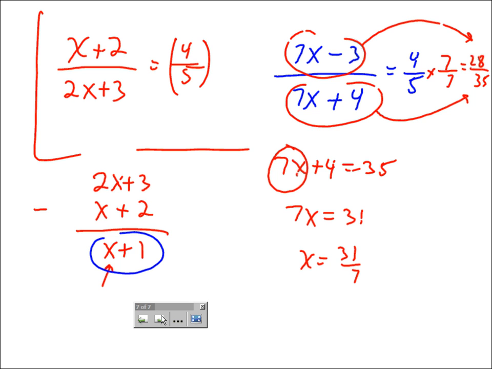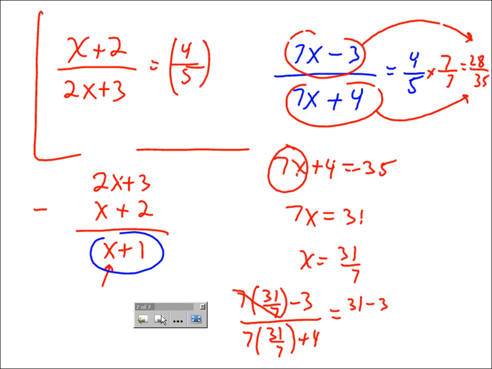And you can check this pretty easily. 7 times x, 31 over 7, take away 3, over 7 times x, this is how I write x, plus 4. All the 7's are going to cancel, so on top you get 31 minus 3, which is 28, and on the bottom you get 31 plus 4, which is 35.